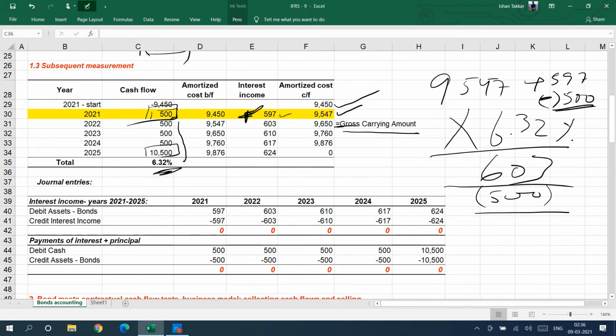This way we do the accounting for amortized cost. You will show income as per the IRR method, the actual return, because the purpose is always to show the true and fair picture. You're earning 6.32%, so you will show 6.32%. I hope it is clear.